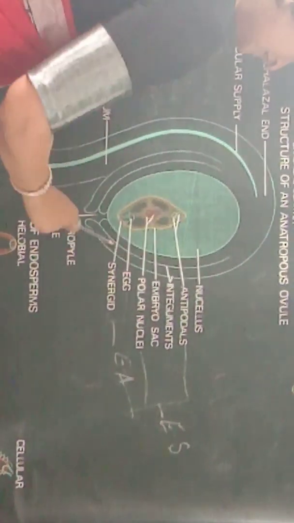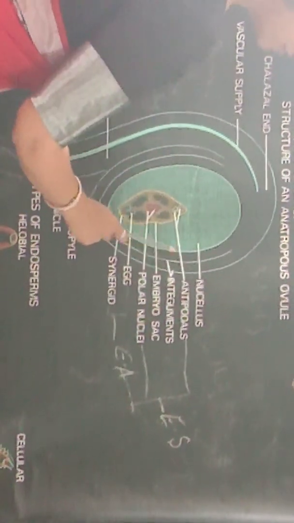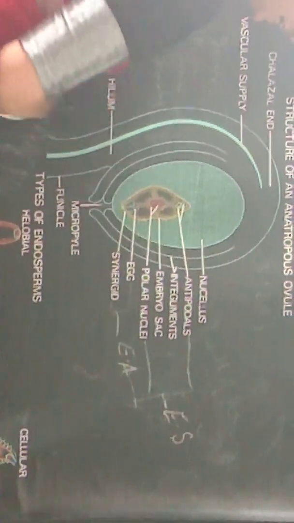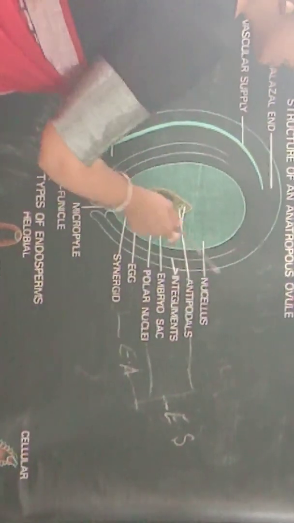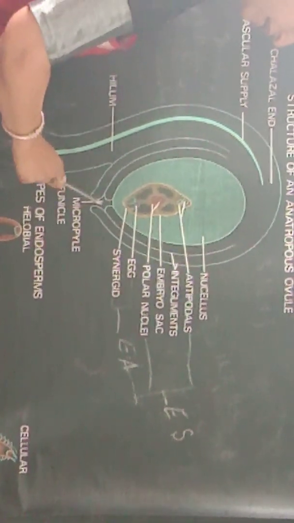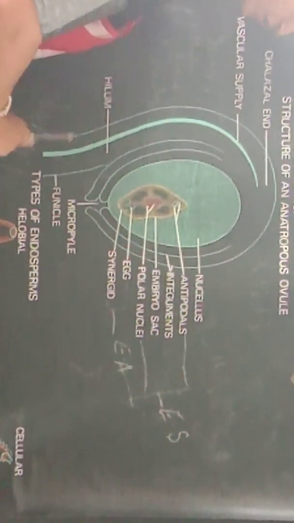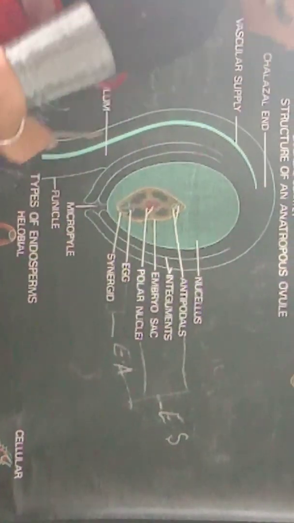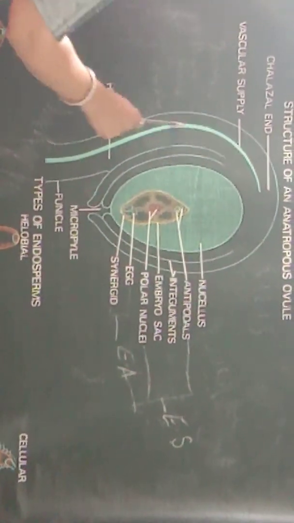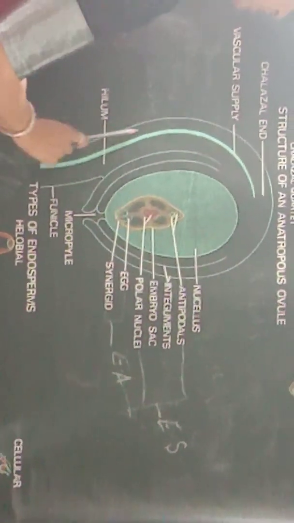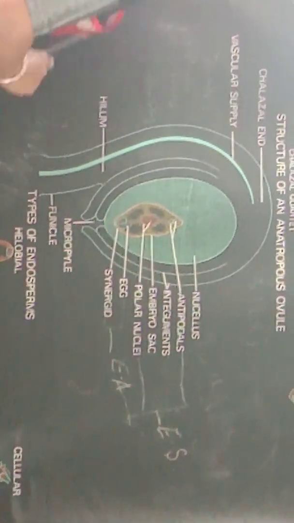Covering the nucellus are two protective coverings called as integuments, outer integument and the inner integument. The integuments surround the nucellus on all sides except for one part where they leave a small opening to the ovule called as micropyle. Then there is a structure called raphe, which is the continuation of the stalk of the ovule towards one side of the body of the ovule.